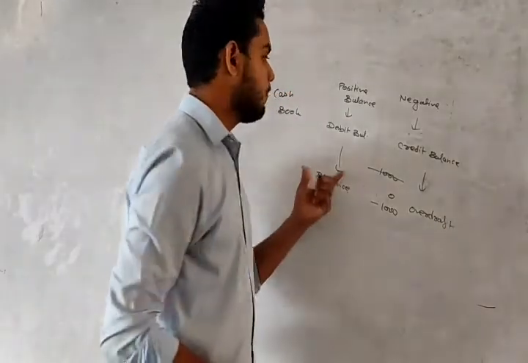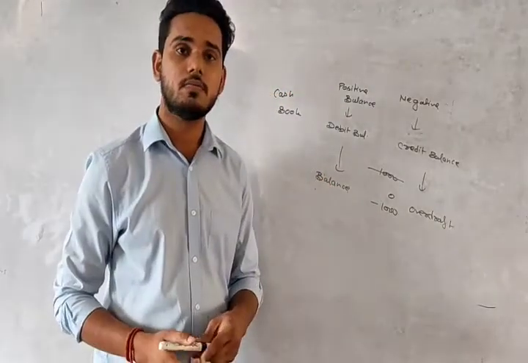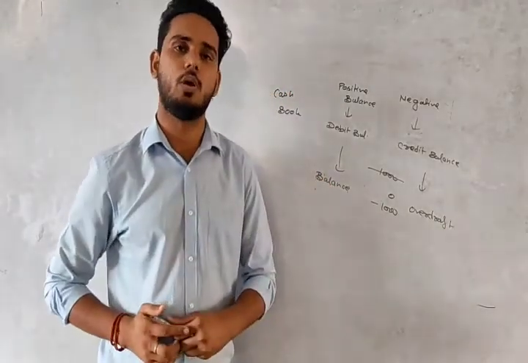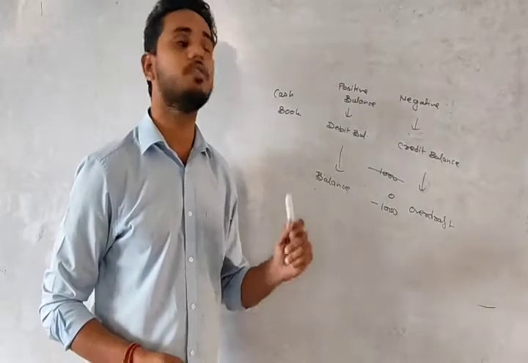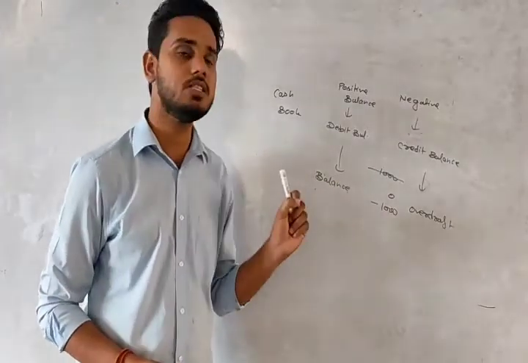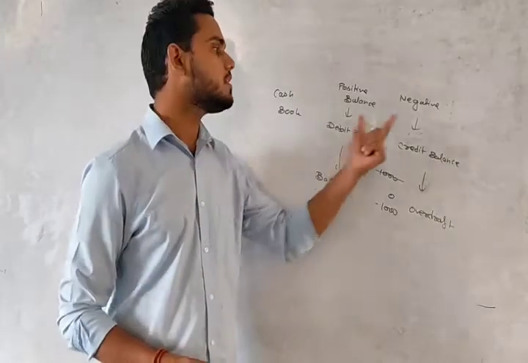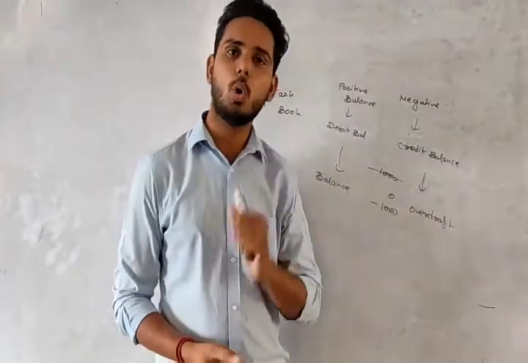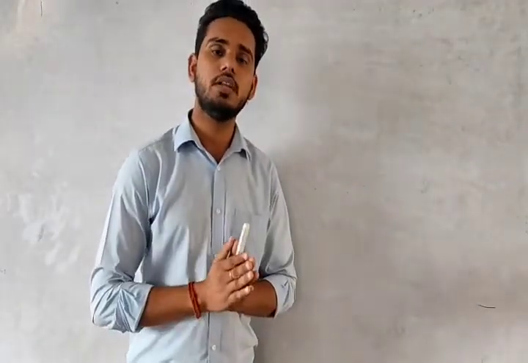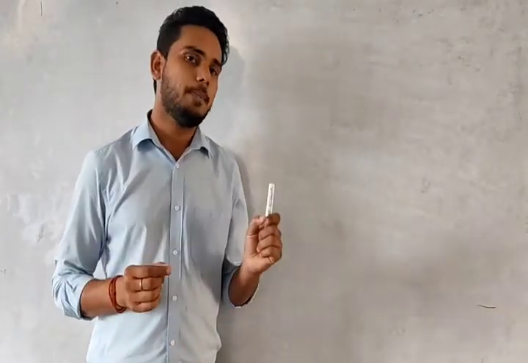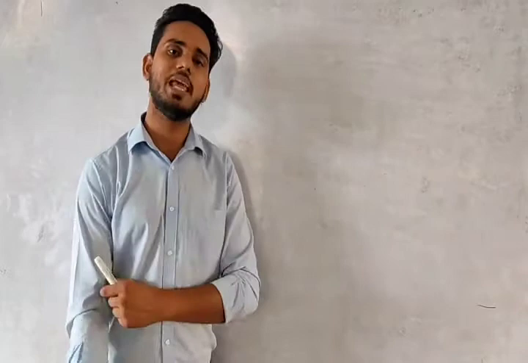So here we are referring to balance for a positive balance only. If we are having a negative balance, we will not say balance or negative balance, we will say we are having an overdraft, right?